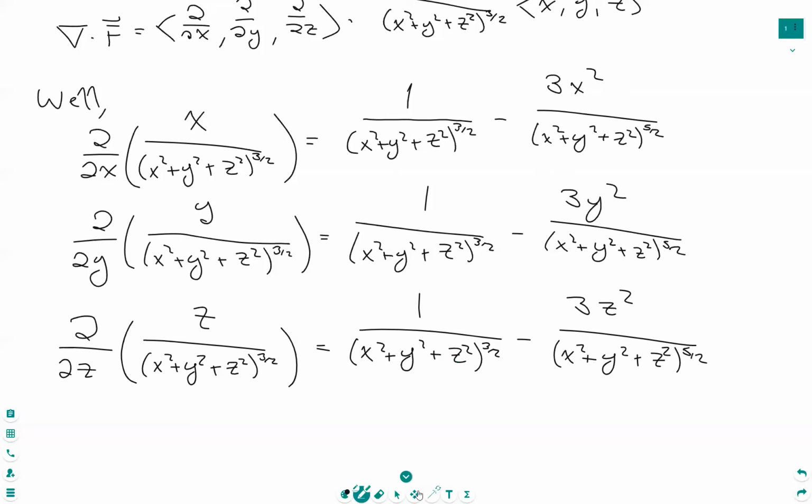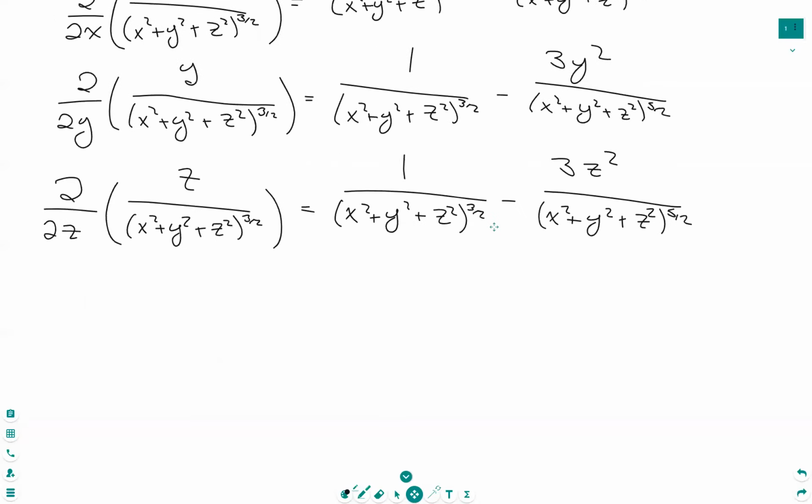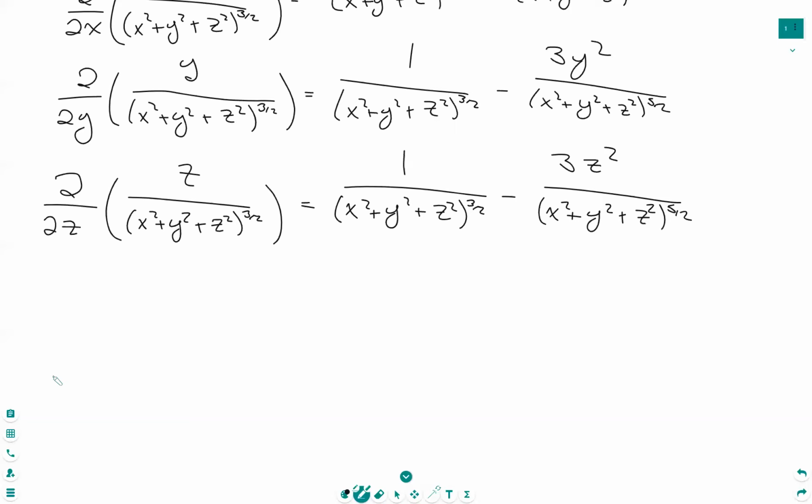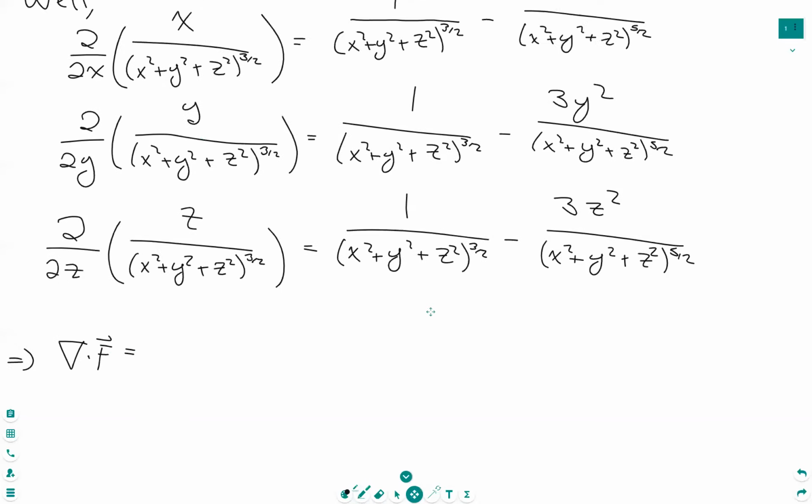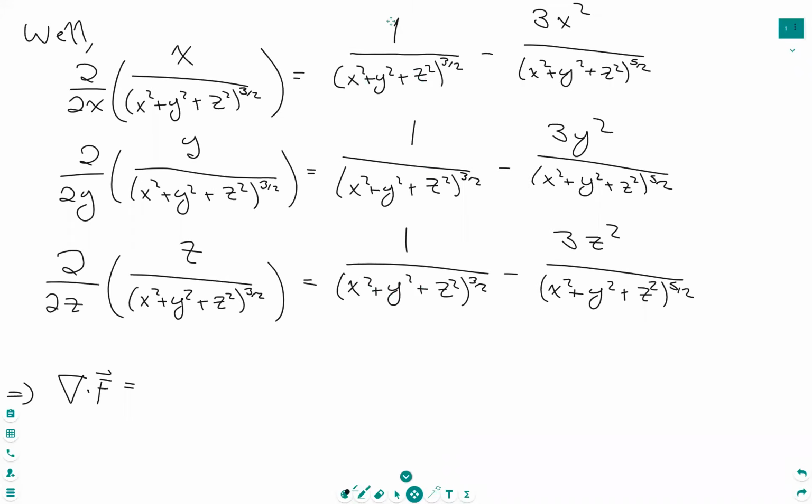Okay, so the divergence of F is the sum of all of these. I wrote them in columns for us, so we're going to group all of these terms here. There are 3 of them. So this is equal to 3 over x squared plus y squared plus z squared to the 3 halves.